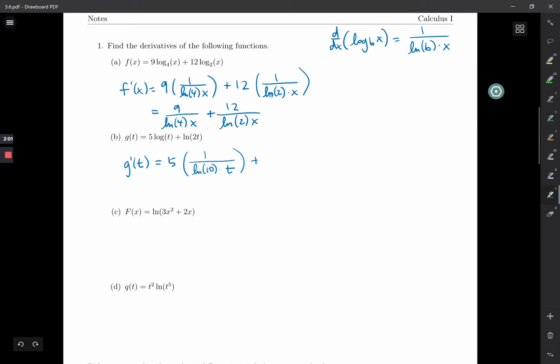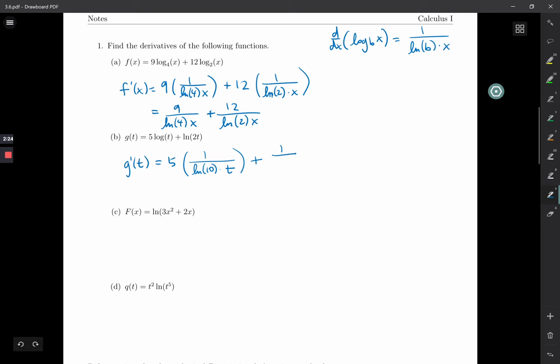And then the next one is natural log of 2t. So we have something inside of the natural log. This 2t is a function of t. It's not just t itself, so we have to use the chain rule. We start by taking the derivative of the natural log. That was the nice one that's just equal to 1 over x.